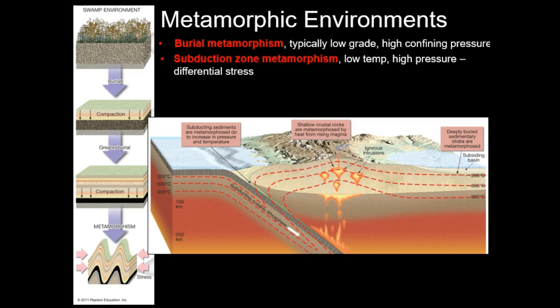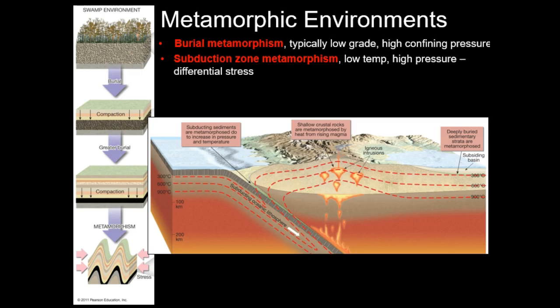In this case, the slabs of oceanic lithosphere, which are a little bit denser than the slabs of continental lithosphere, get subducted and descend to great depths, and that is when you have this type of metamorphism. In these cases, the pressure will increase faster than the temperature because those slabs of sediments and rocks are poor conductors of heat.